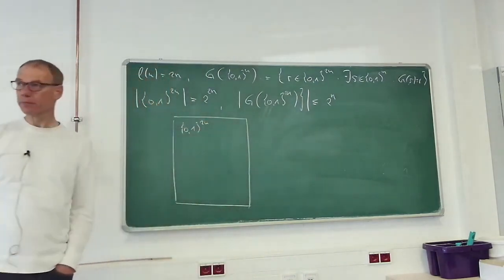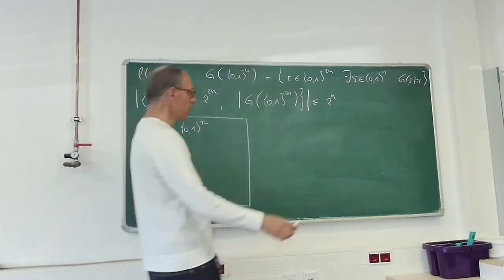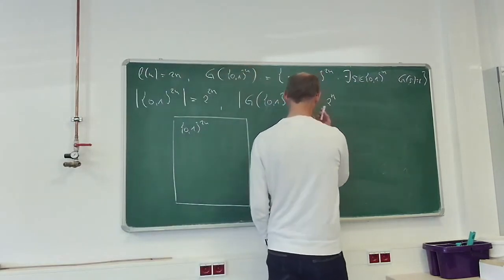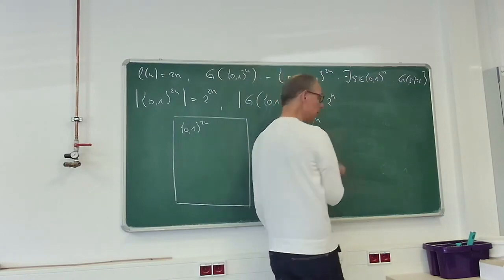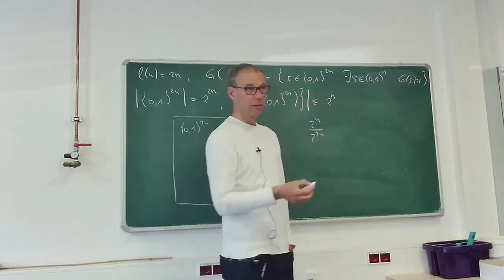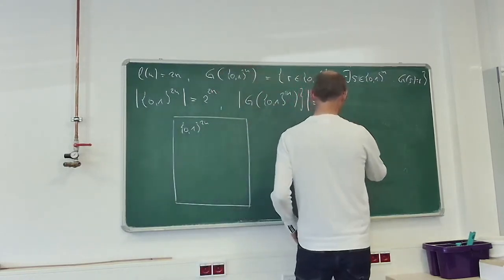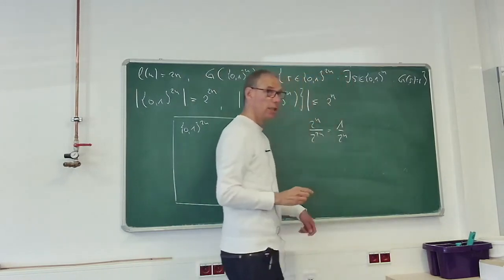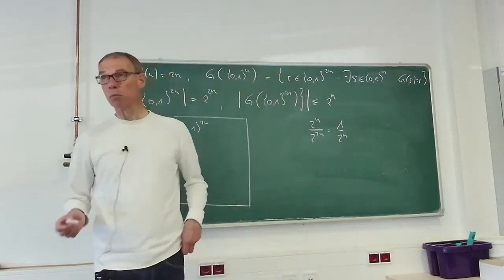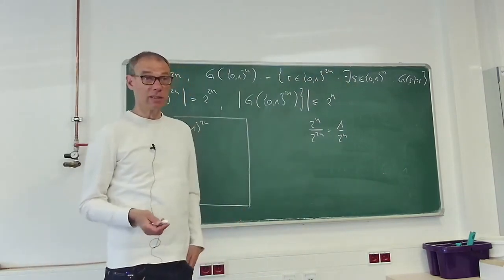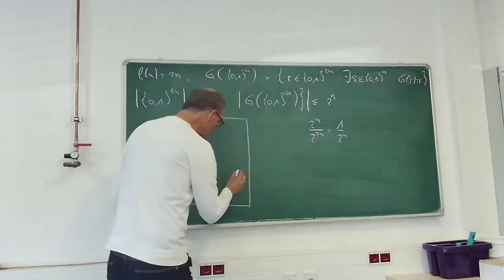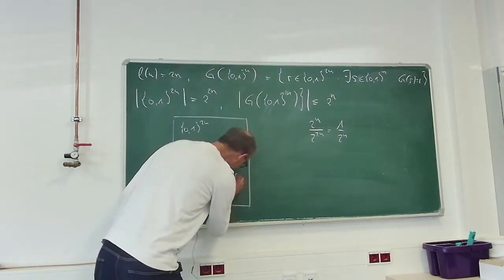Obviously, if you compare 2 to the n to 2 to the 2n, this is 1 over 2 to the n. So this thing here is much, much larger than this thing here. So this here is really just this tiny little set in here somewhere.